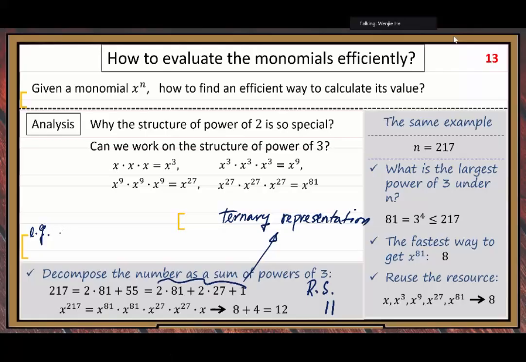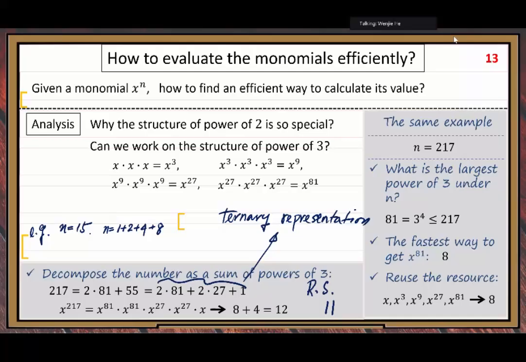I do not want to do a big example. So I want to consider n equals 15. A small number, right? When we do binary decomposition, n equals 1 plus 2 plus 4 plus 8, right? That's 15. Add up all the consecutive powers of 2, that's 15.